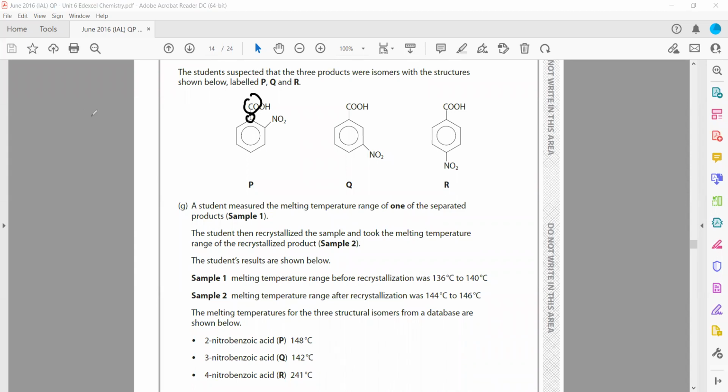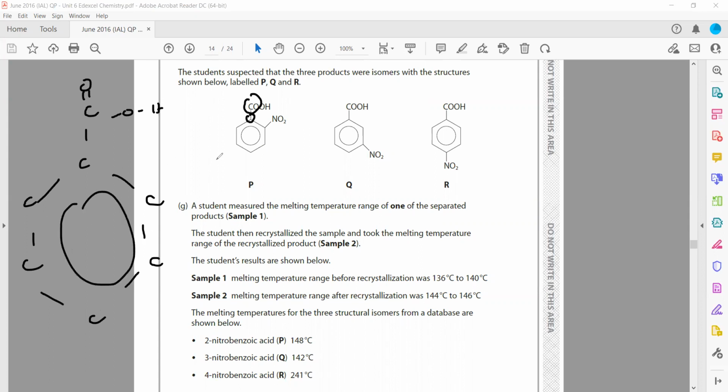When we draw the structure, this is C double bonded with O and OH, then carbon, carbon, carbon, carbon, carbon, and carbon. This will have NO2. This will have H. 1, 2, 3, 4.